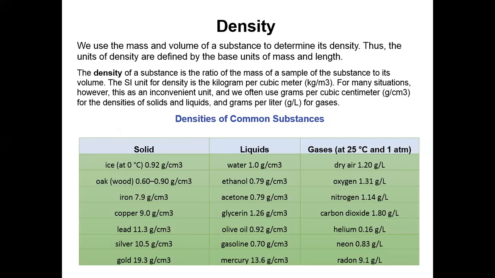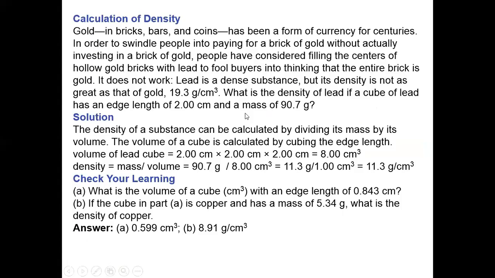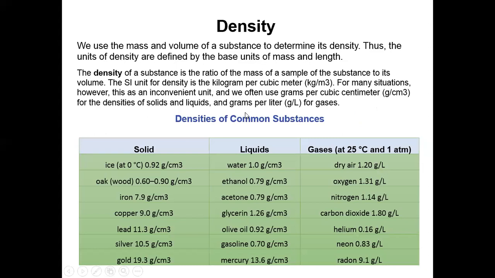If you divide mass by volume, you will get density. Usually the unit for density can be gram per milliliter, or kilograms per cubic meter, or gram per liter, or gram per cubic centimeter. So this is the same as gram per milliliter.